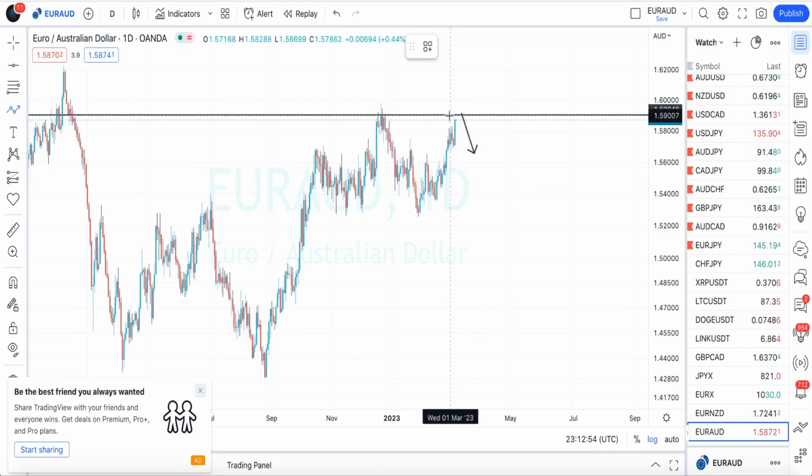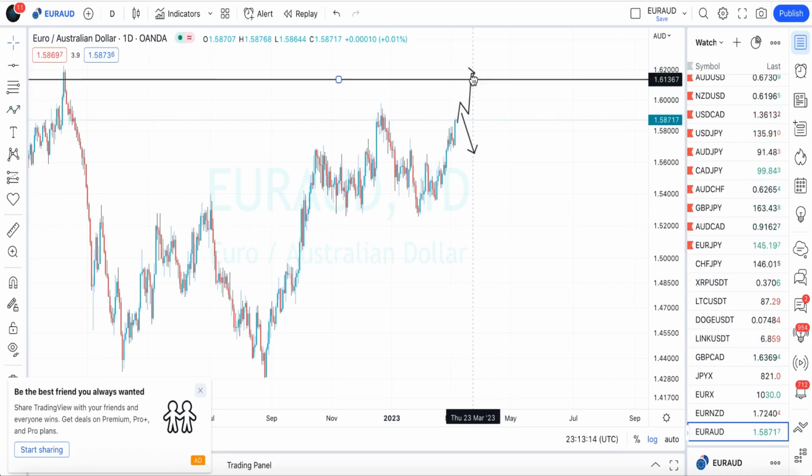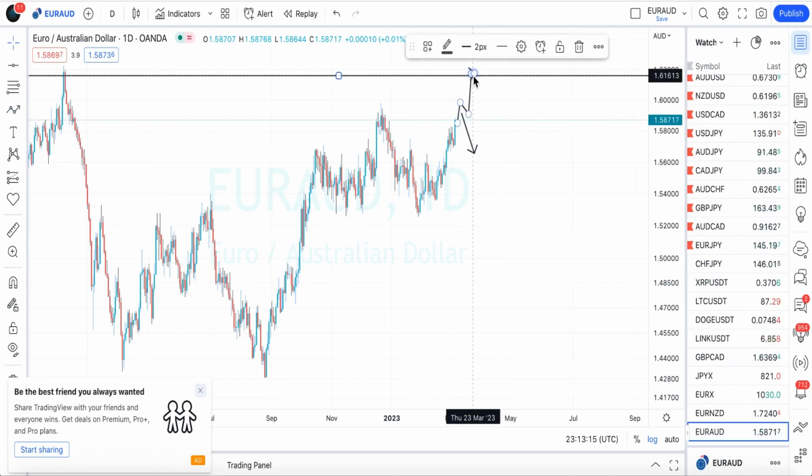But if they drop the same 25 basis points, that will eventually make AUD weaker, then we should see maybe a breakout of this particular resistance level to retest the next resistance level, which is at 1.61613.